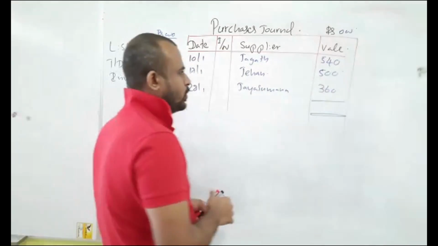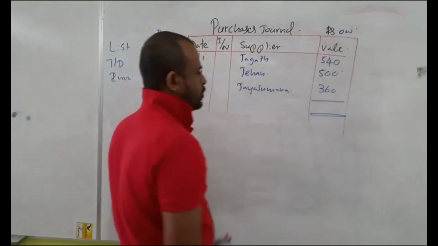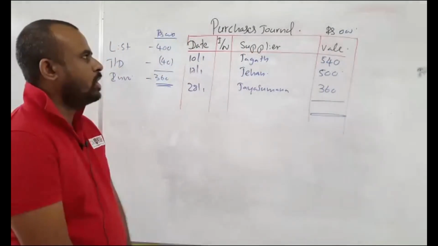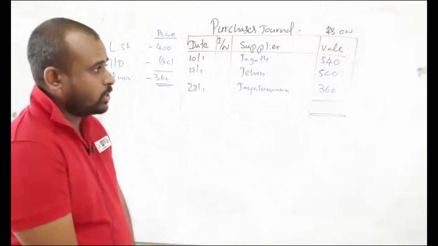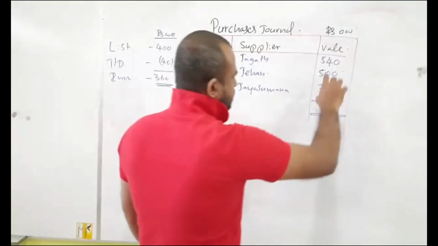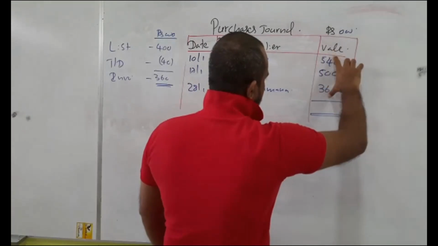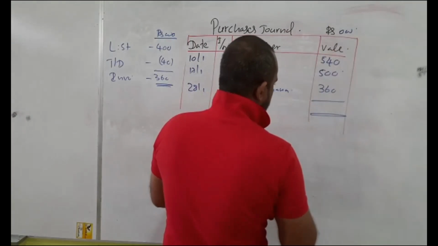Then what we are supposed to do? Take the total of the journals. After recording all the transactions in the purchases journal, you are supposed to get the total. Total is how much? 8 million, 9 million, 1.4 million.